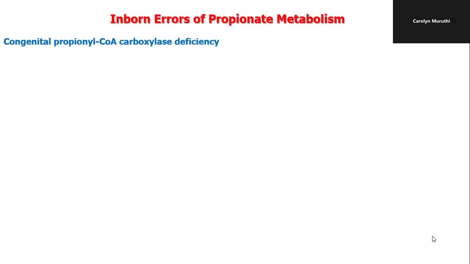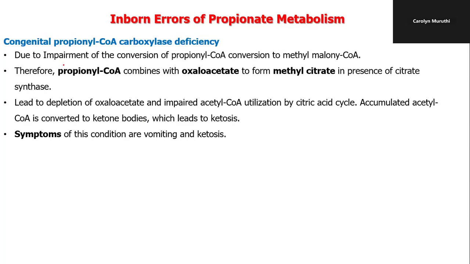There are inborn errors associated with propionate metabolism, and the first one is congenital propionyl-CoA carboxylase deficiency, and this is due to impairment of converting propionyl-CoA to methylmalonyl-CoA. And so here we see that the propionyl-CoA formed will combine with oxaloacetate to form methyl citrate, a reaction catalyzed by citrate synthase.